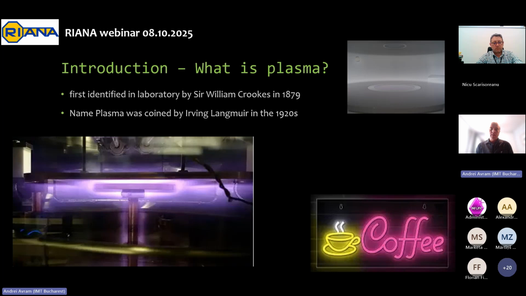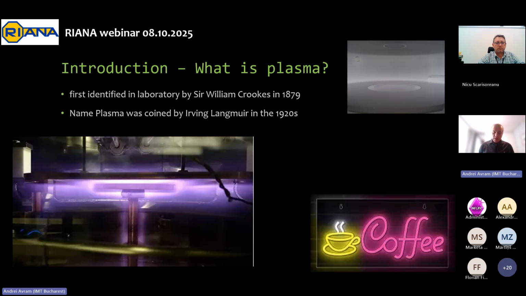Later on, in the 1920s, a scientist named Irving Langmuir started to actually study this new radiant matter, and he coined the name plasma, because in his lab, the first type of plasma he generated was using neon gas.